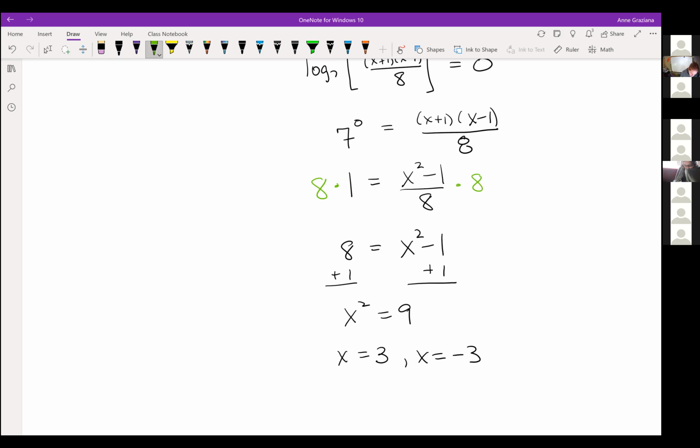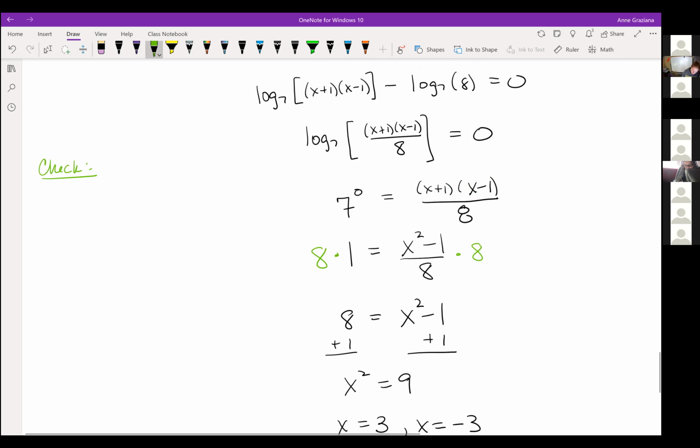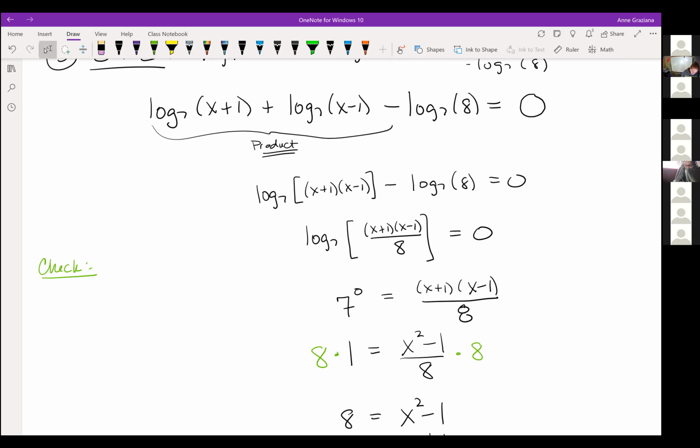All right, I'm going to put the check over here. So if I do log base 7 of -3 plus 1, this is already what? Log base 7 of -2. No. Okay, so again, it's not that your answer can't be negative.